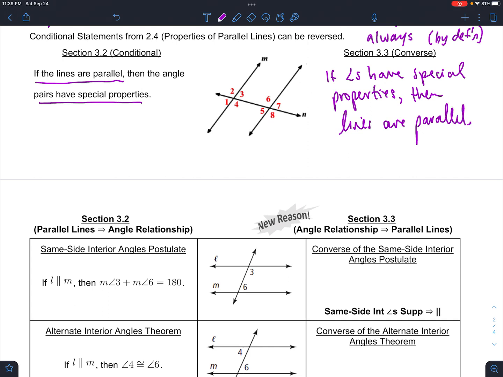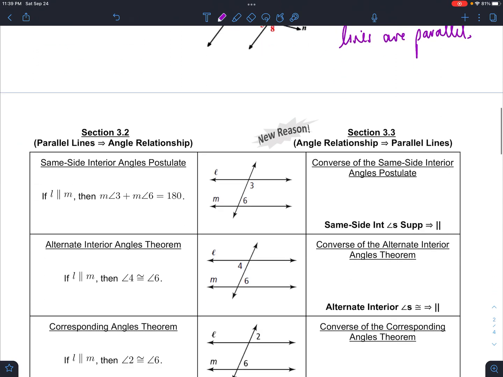And after some investigation, this was proven to be true, that if you can show that, say, corresponding angles are congruent, then the lines are parallel as a result.